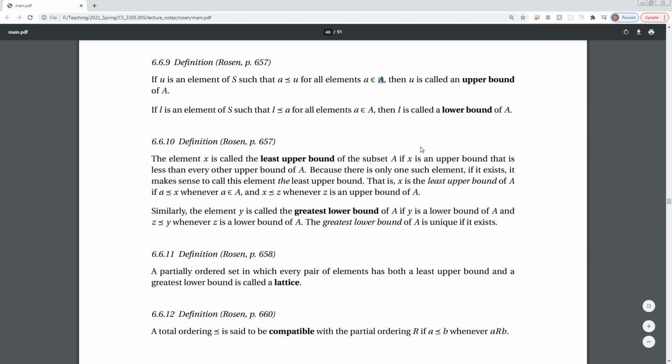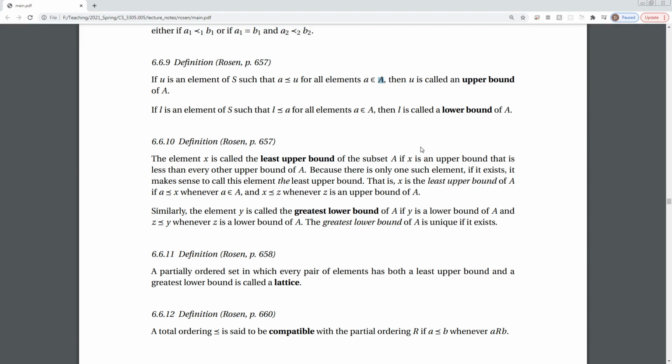And so I want you to consider the real numbers. If you have the closed interval 0 to 1, that's a subset of the real numbers. It's every number between 0 and 1, including the boundary points 0 and 1. That's what it means to be a closed set.